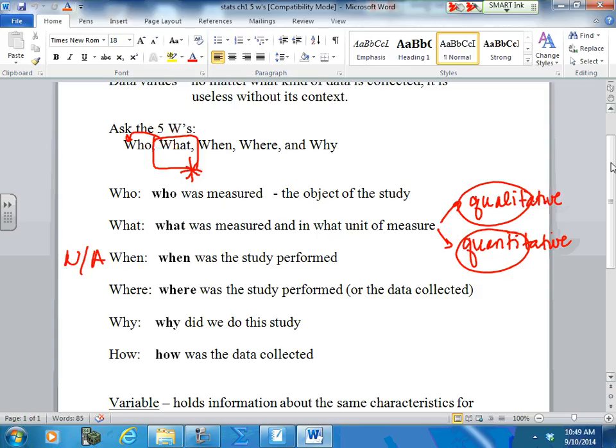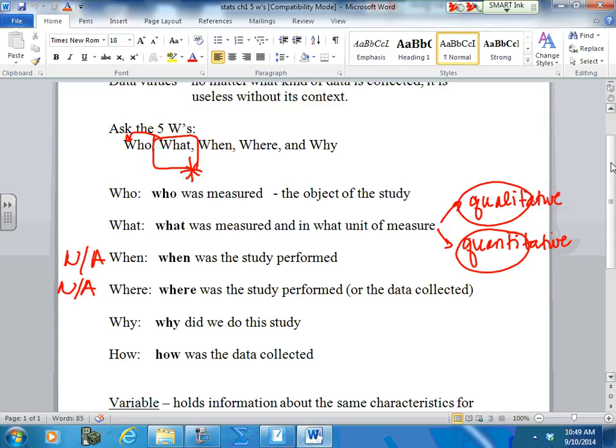The where is not where was this study written, like where did I write this from my University of Pennsylvania? No, it was where was this done? Across the United States. My turtles migrated across the United States. That's my where. It might have been written in the University of Pennsylvania, but the study was done across the United States. And that is not always there all the time, too.